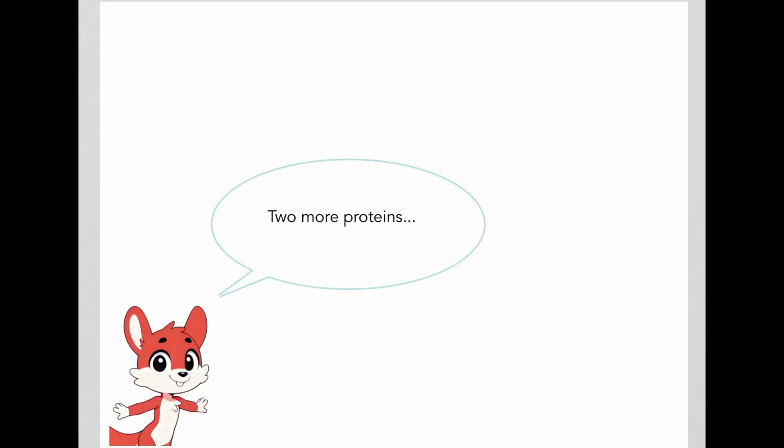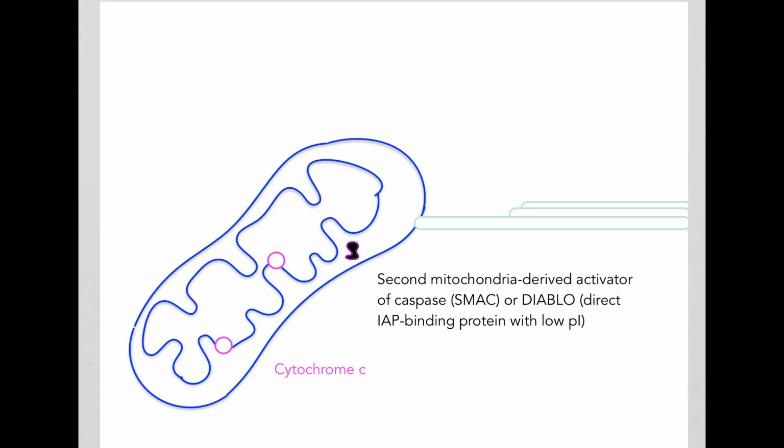Two more proteins that are good to know before we talk about apoptosis. One is cytochrome C that we have discussed in the electron transport chain. This is found in the inner mitochondrial membrane. And the second is called the second mitochondria-derived activator of caspase, or SMAC.